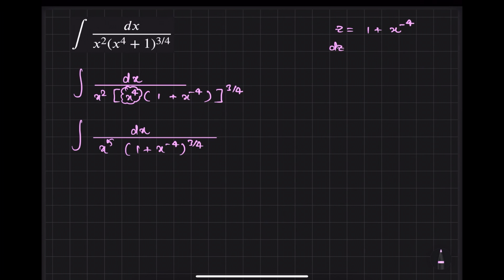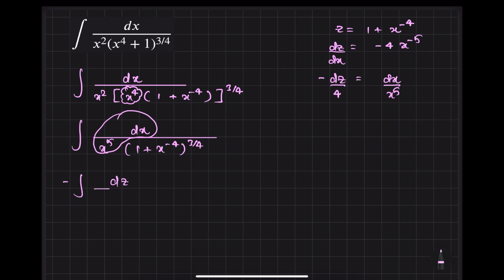So dz by dx equals minus 4x power minus 5. So dz by minus 4 equals dx by x power 5. Okay. So this thing will get clubbed and will produce minus dz by 4. So the 4 we can take outside.